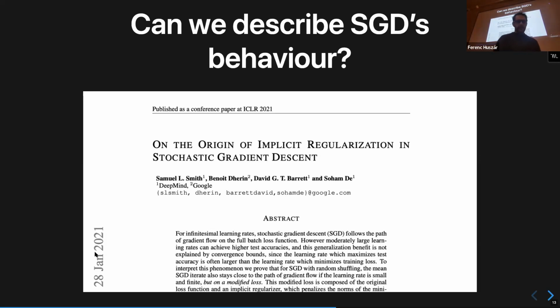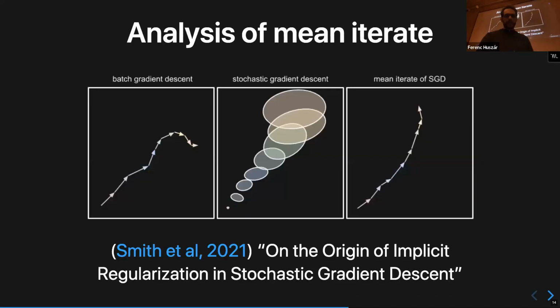Now it's a year old, a classical paper in deep learning. The title is "On the Origin of Implicit Regularization in Stochastic Gradient Descent." Implicit regularization is about what I called inductive biases before, this tendency of SGD to favor certain solutions over other solutions. And this is a nice mathematical analysis of how we can understand what SGD is doing differently compared to the basic versions of gradient descent.